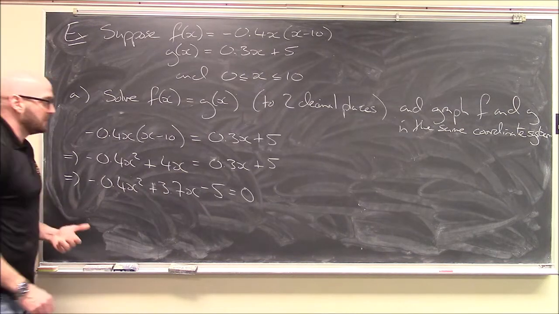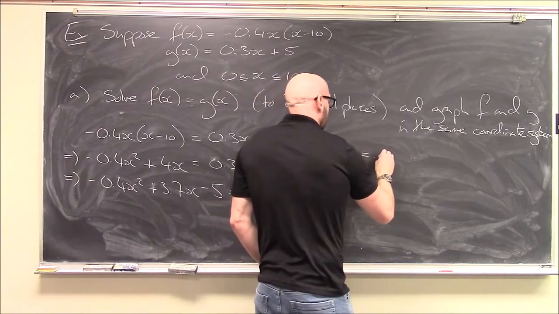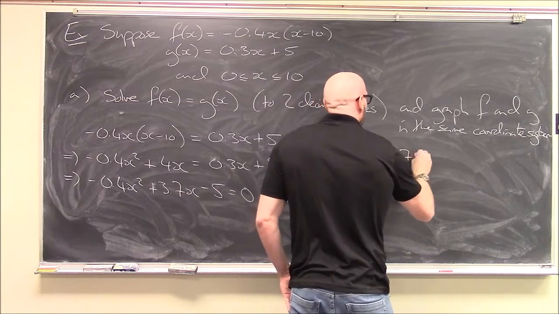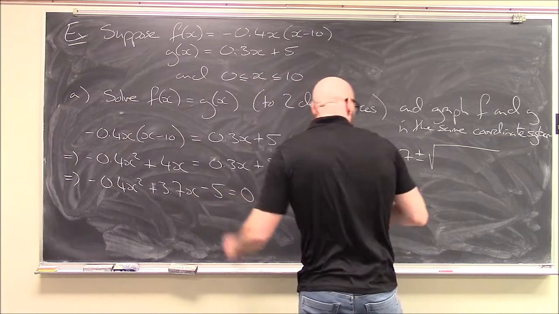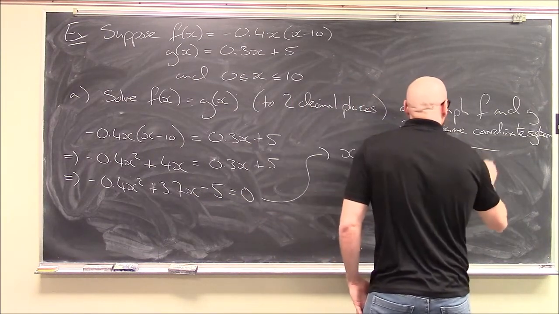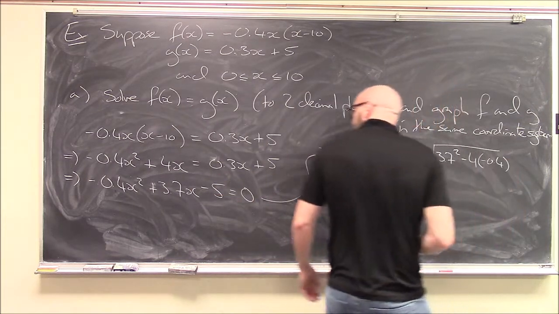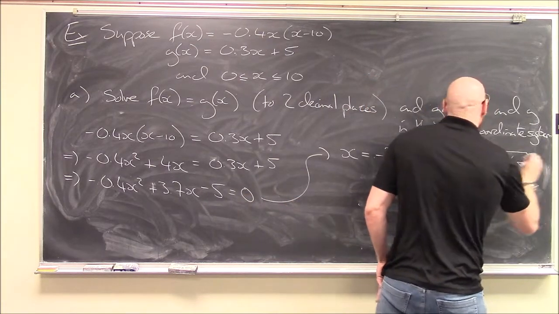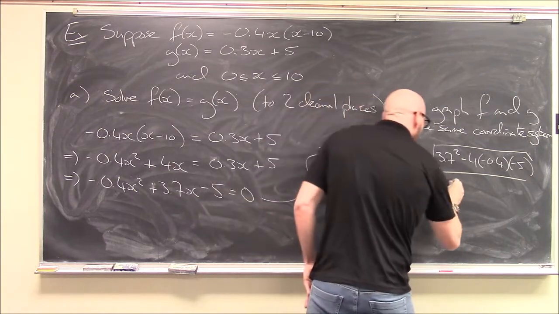I'm going to go straight to the quadratic formula. So x is going to be minus b, minus 3.7, plus or minus the square root of b squared, 3.7 squared, minus 4a times minus 0.4, c times minus 5, all over 2 times a, minus 0.4.